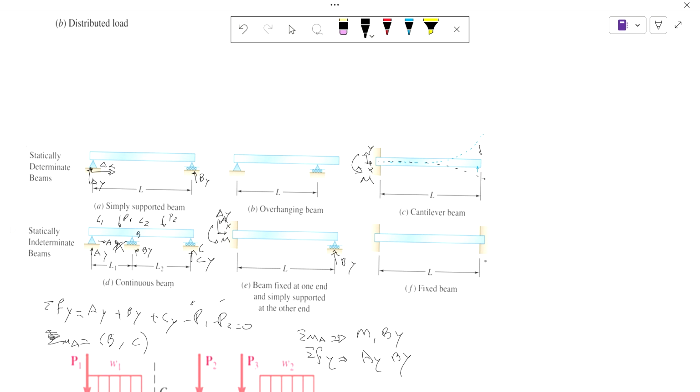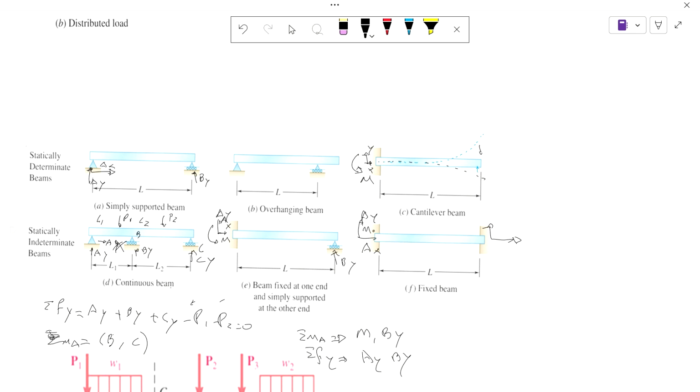Another one which is not known, which is the toughest one to deal with, is fixed beam in both cases. This is Ax, Bx, Ay. Let me clear that up.